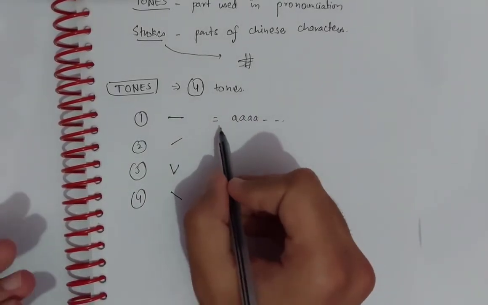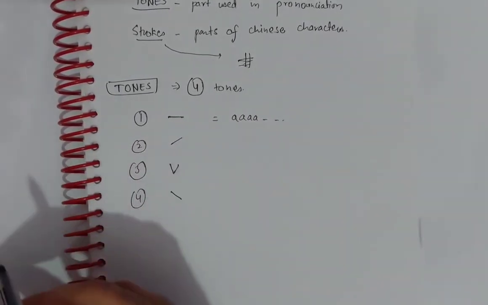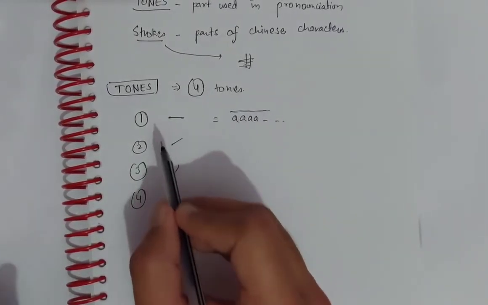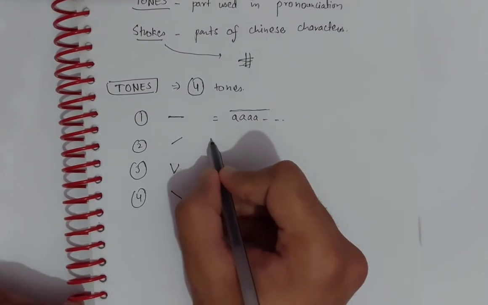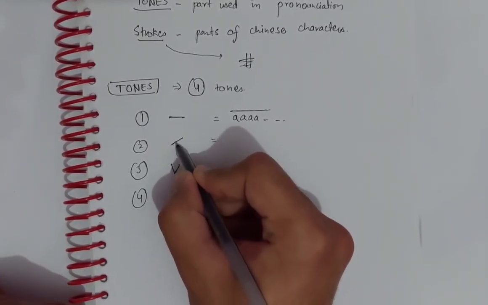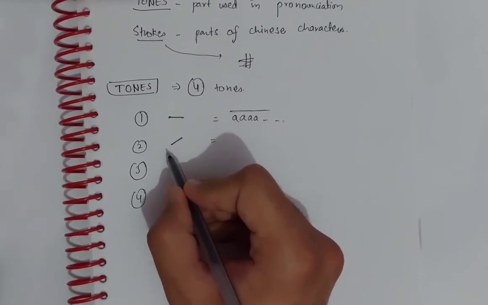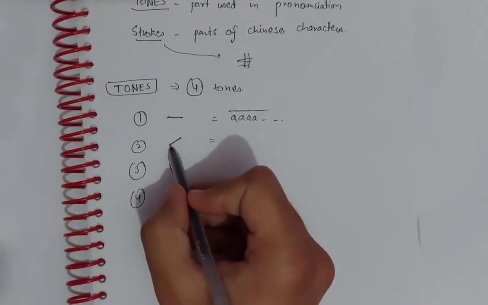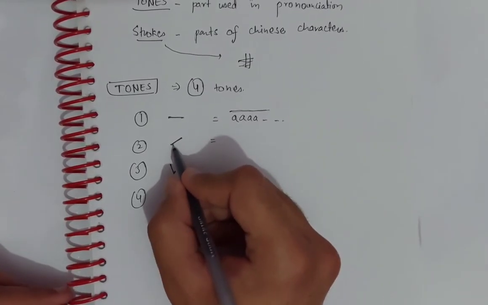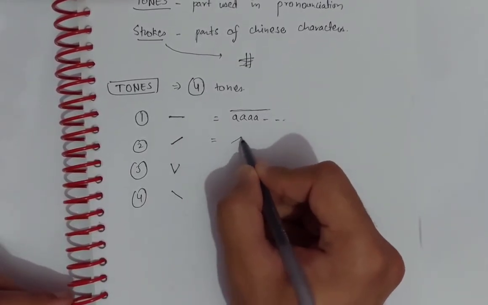Just say it in one way, in one rhythm. Ah is the first tone. The second tone goes from below to up, from left to right.